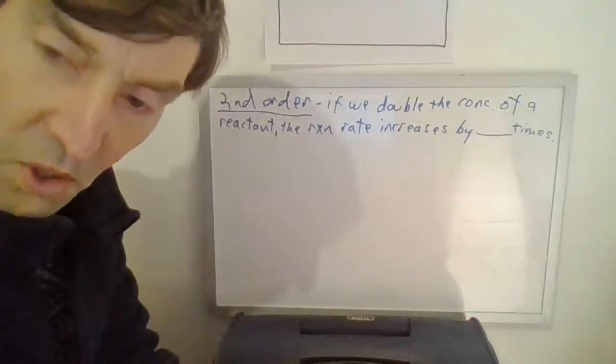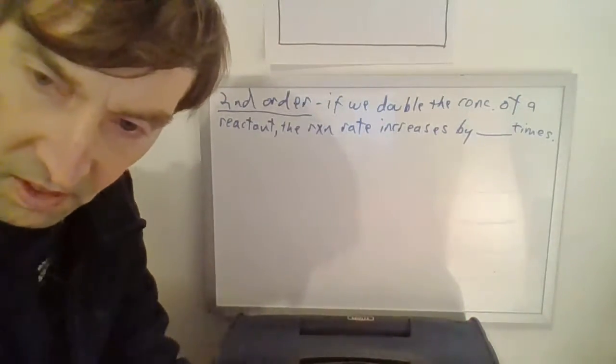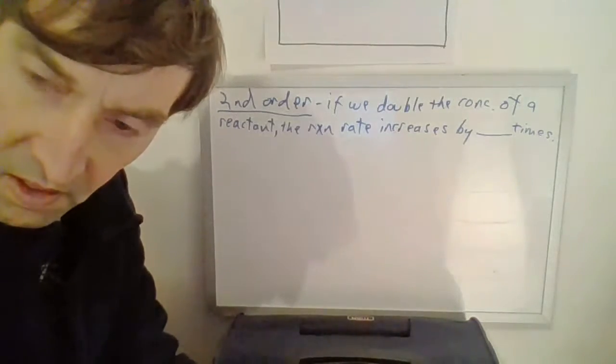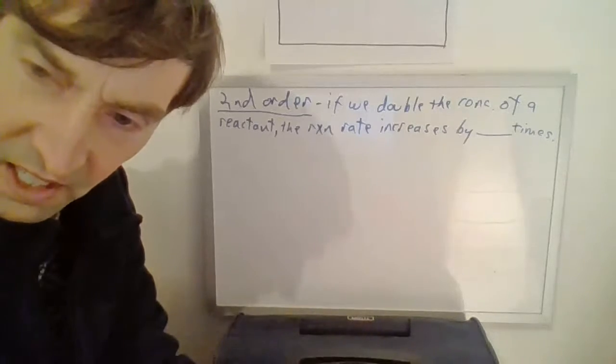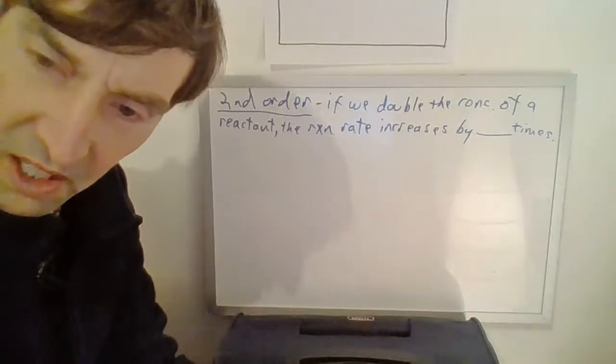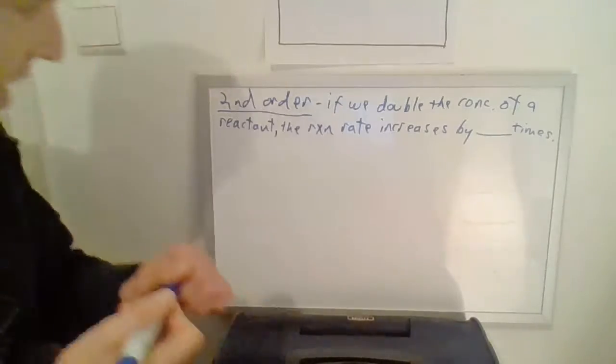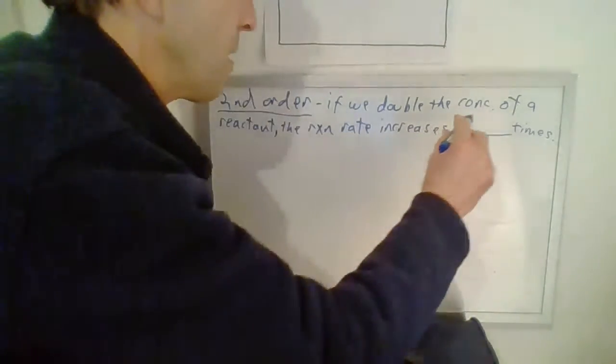Fill in the blank. Let's see if you're awake this morning. Yes, Aiden, it is, regardless of C. Some of you are quick. Alex and Chelsea got it right away. So it is indeed 4 times.